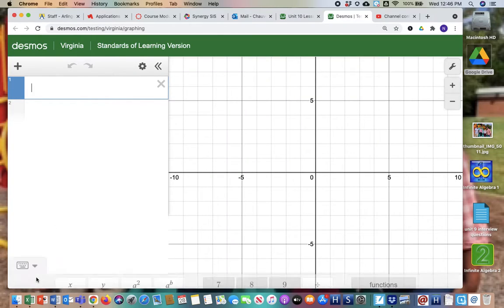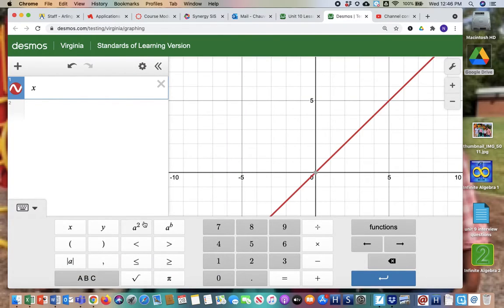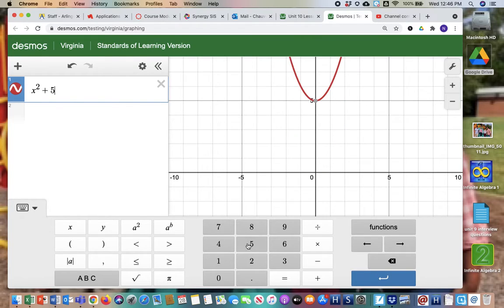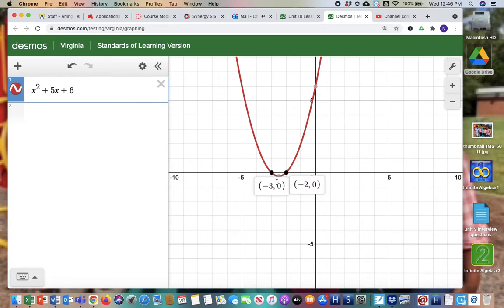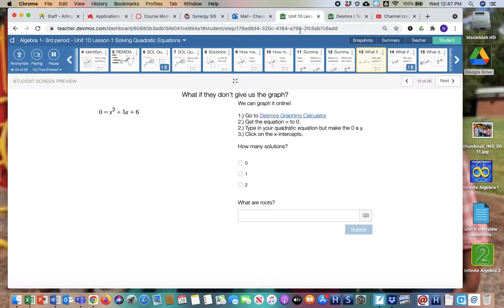I click here, open up my keyboard, and go x squared plus 5x plus 6. Boom. And now, boom, boom, there we go. Negative 2 and negative 3. So how many solutions are there? There's 2. What are they? Negative 3 and negative 2. Okay. So there are 2 solutions. What are they? Negative 3 and negative 2. Done.